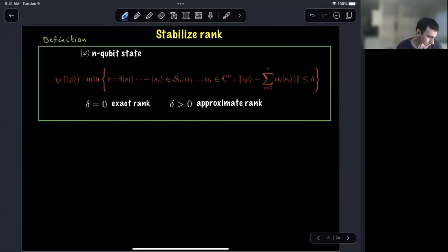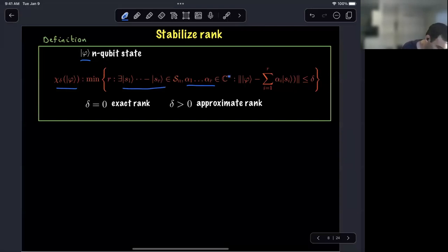Now I define this notion of a stabilizer rank. In general, if I have some n-qubit quantum state phi, I define the stabilizer rank in this way. It's the minimum number R such that there are some R stabilizer states, S1 to SR, and there are also R coefficients.